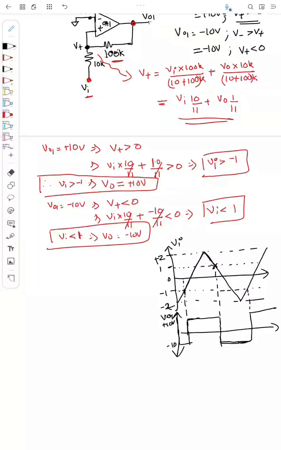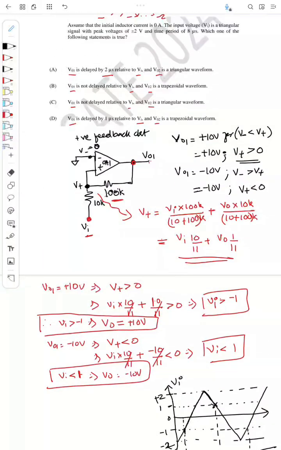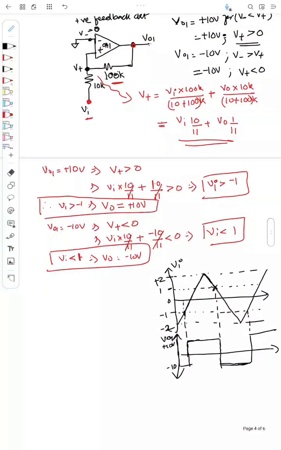And now the question is whether V01 is delayed with respect to Vi. Given the period of Vi is 8 microsecond, this rising and falling will be 4 microsecond, and we can divide this into 4 sections, 1, 2, 3 and 4.